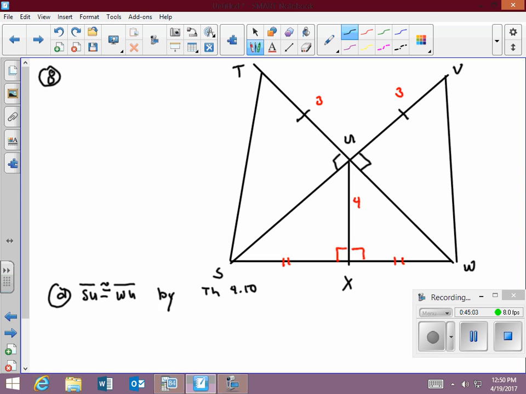And then the next one, B. Let's see, how should I do this? This one and this one are congruent, and then this angle and this angle are congruent.